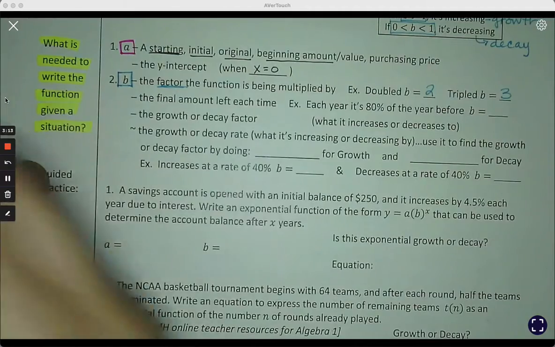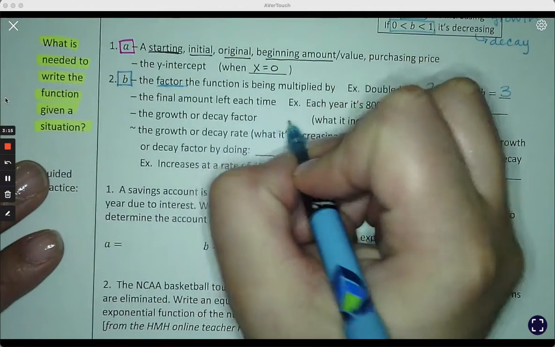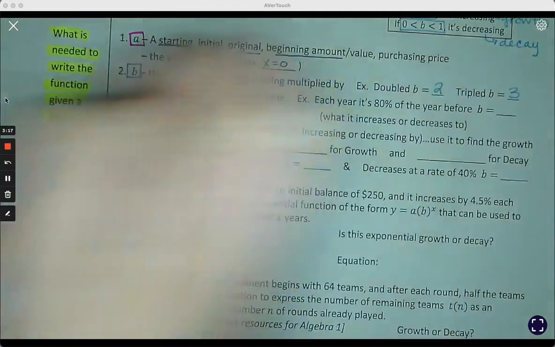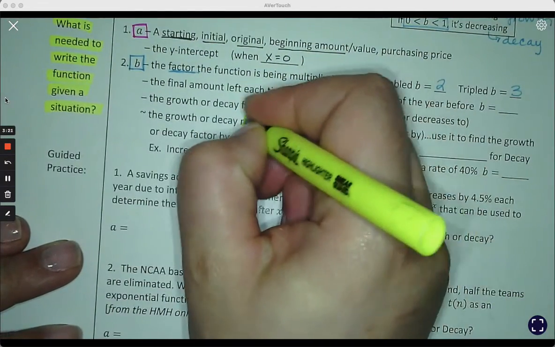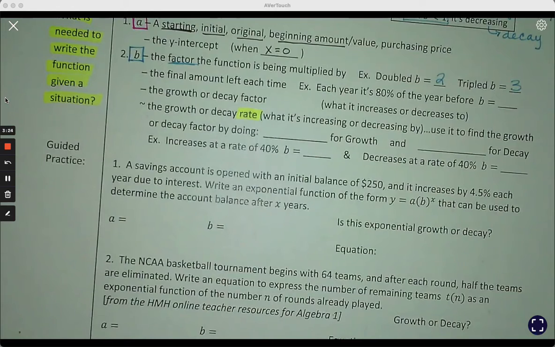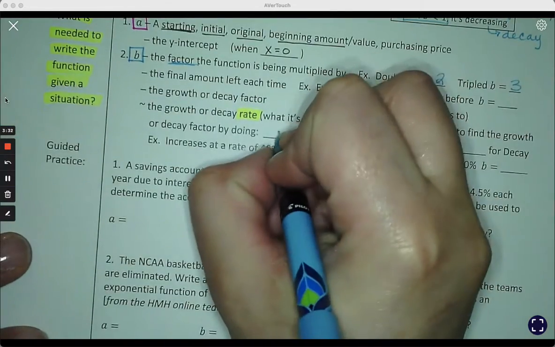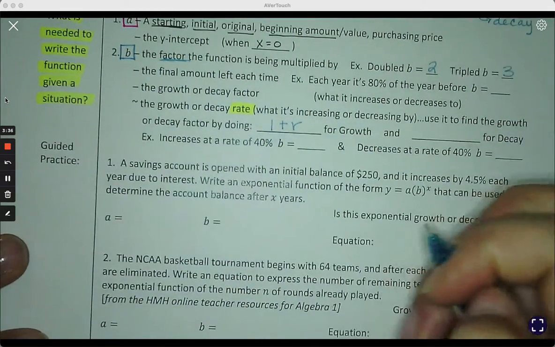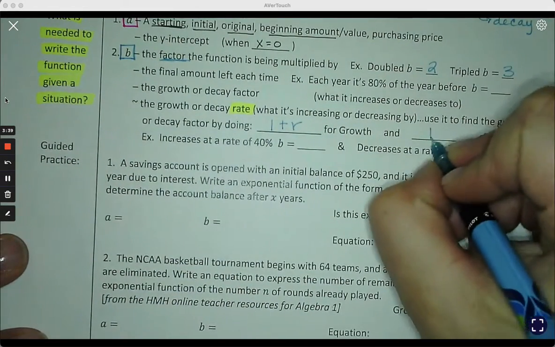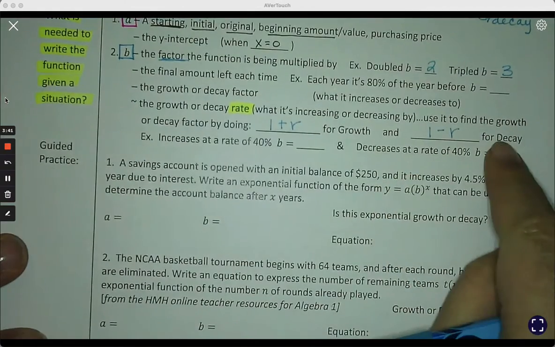It's the growth or decay factor, or it's the growth or decay rate. The rate is what it's increasing or decreasing by, and we use it to find the growth factor by doing 1 plus r for growth and 1 minus r for decay.